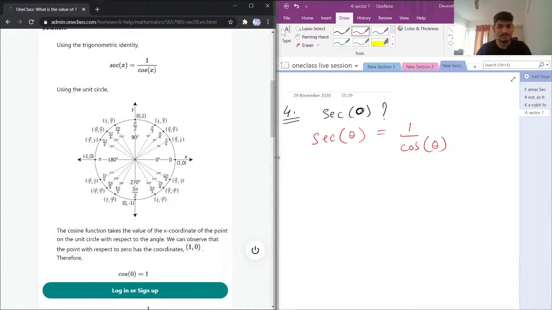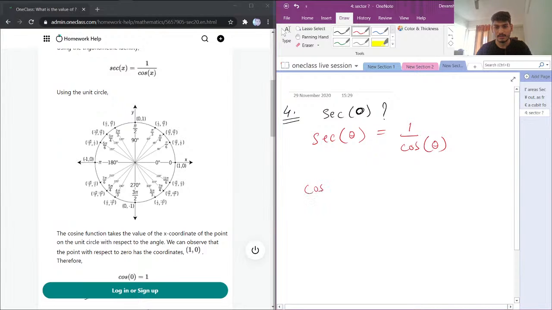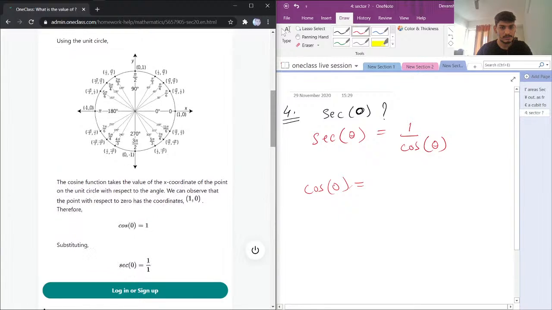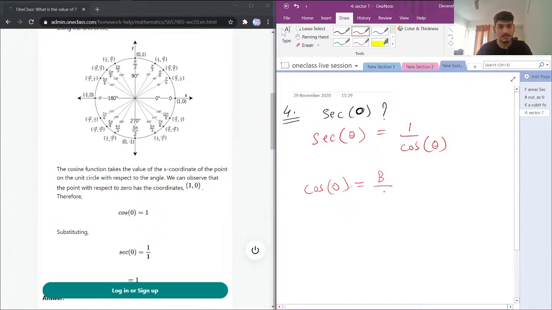Now to find cosine of 0 degree, we take the help of the unit circle. For cosine, we do the base over hypotenuse, using coordinates.